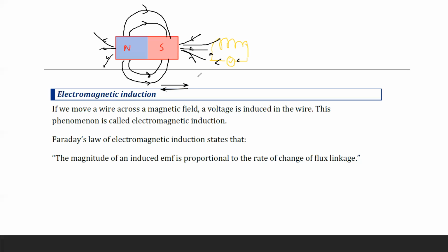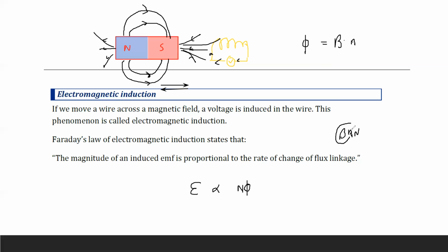And Faraday's law states that if we change the magnetic field at a faster rate, the EMF induced is directly proportional to the rate of change of magnetic flux linkage. It is denoted by N phi, because we already discussed that magnetic flux is B dot A. So magnetic flux is B dot A, and magnetic flux linkage is BAN.